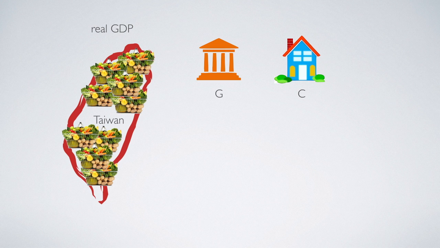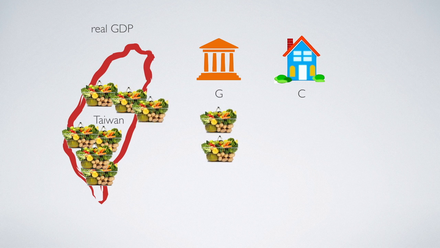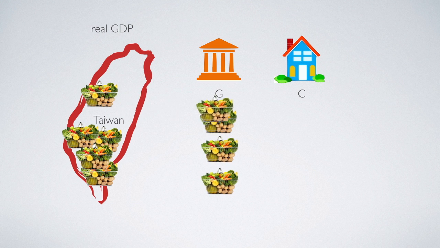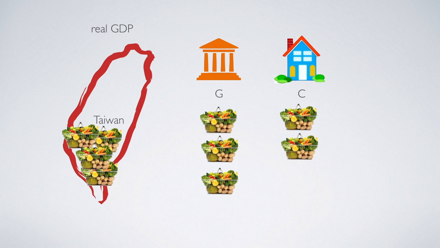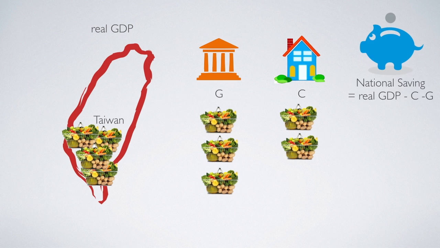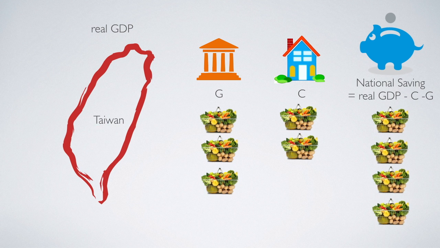Suppose that before government changes its purchase level, we have 3 baskets consumed by government, 2 baskets consumed by household. Then real GDP minus G and minus consumption further, which will be the investment part, is actually called national saving, which is the part of the production that's consumed by neither government nor household. Then it will be equal to the remaining 4 baskets of real GDP.